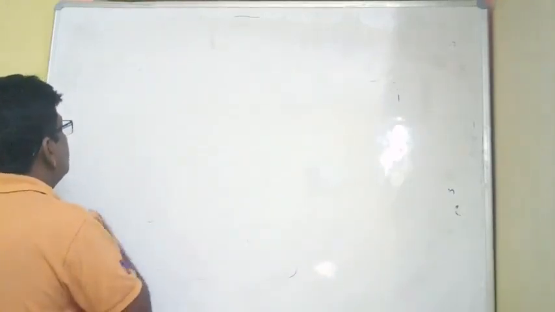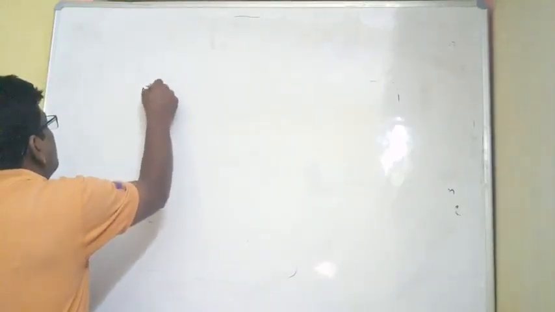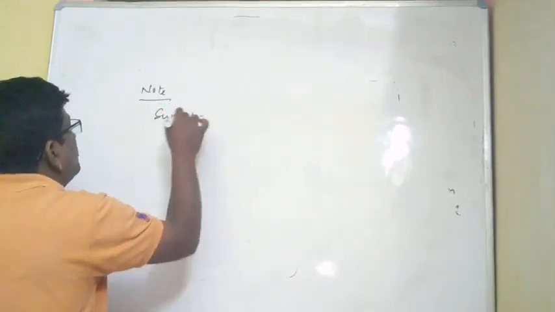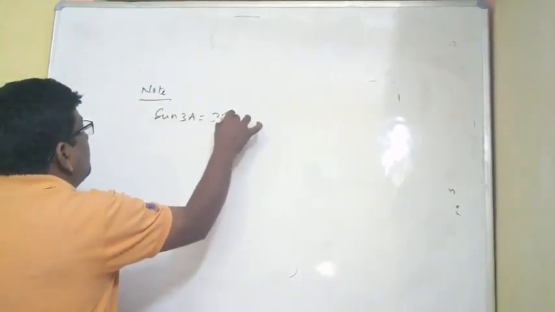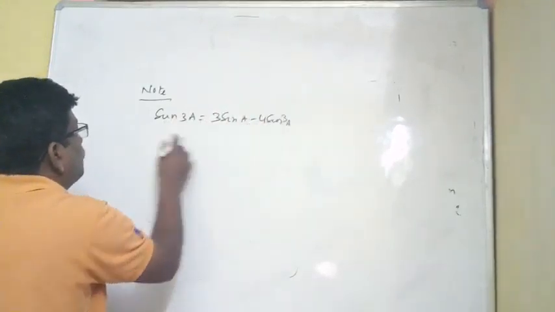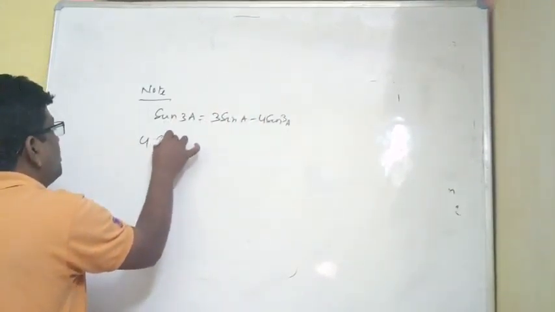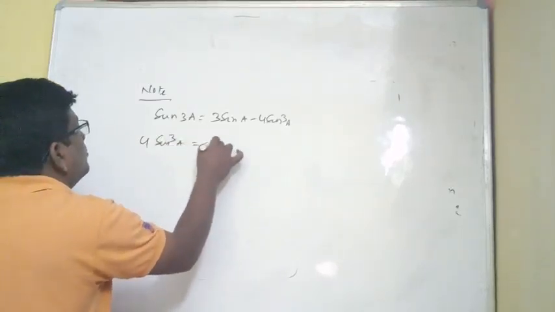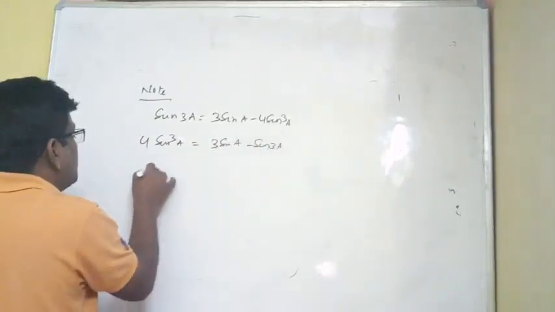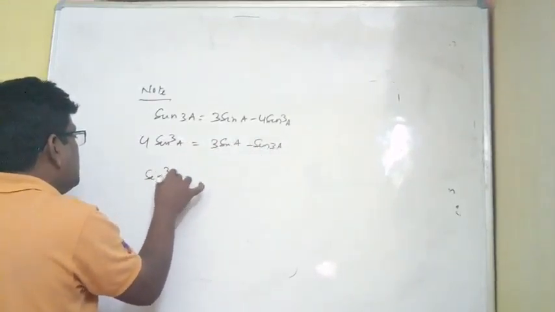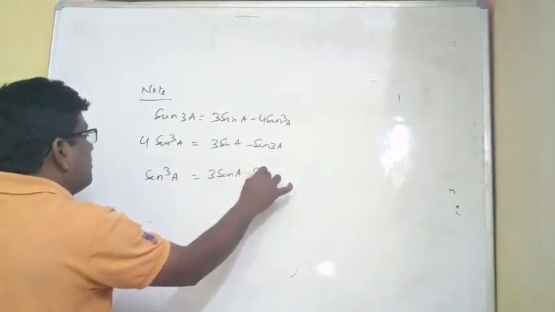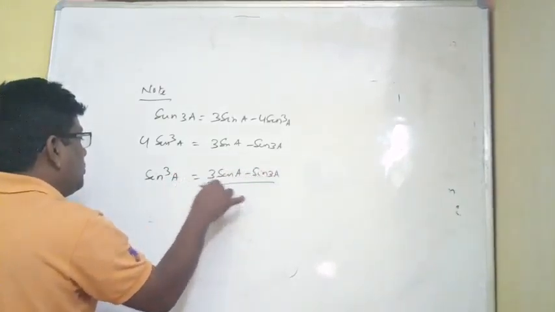We know sin 3A is equal to 3 sin A minus 4 sin cube A. From this we get 4 sin cube A is equal to 3 sin A minus sin 3A, or sin cube A is equal to 3 sin A minus sin 3A divided by 4.